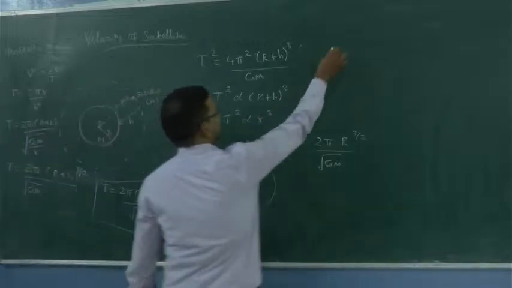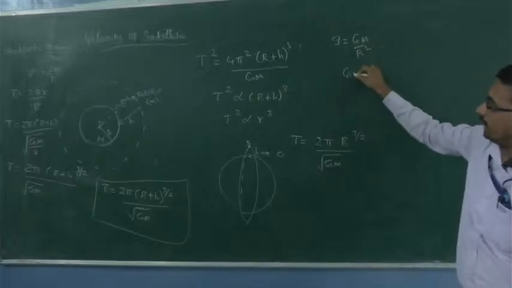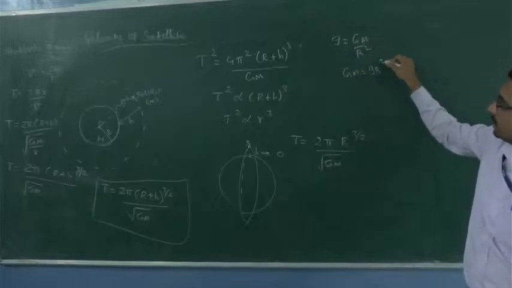Many times we discussed small g equals GM by R square. So G into capital M can be replaced by g R square.